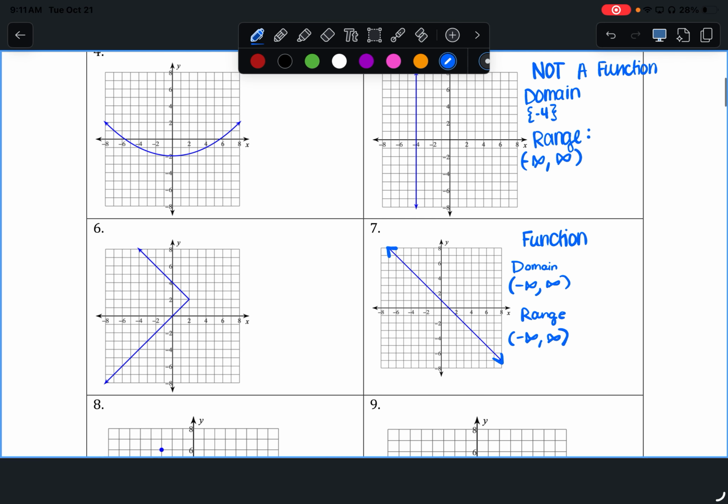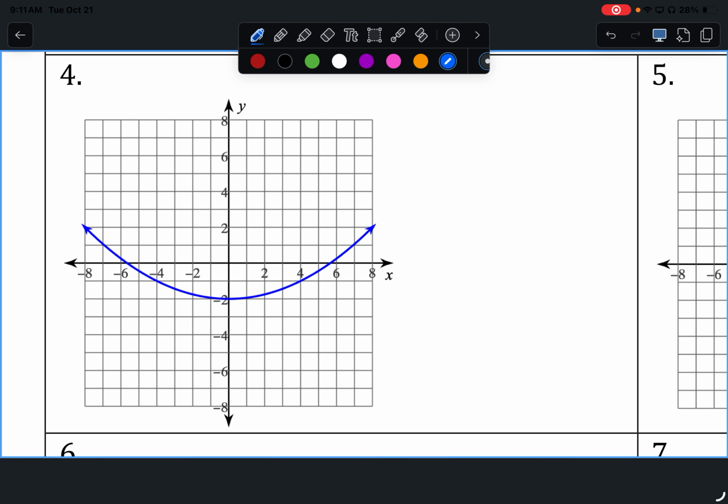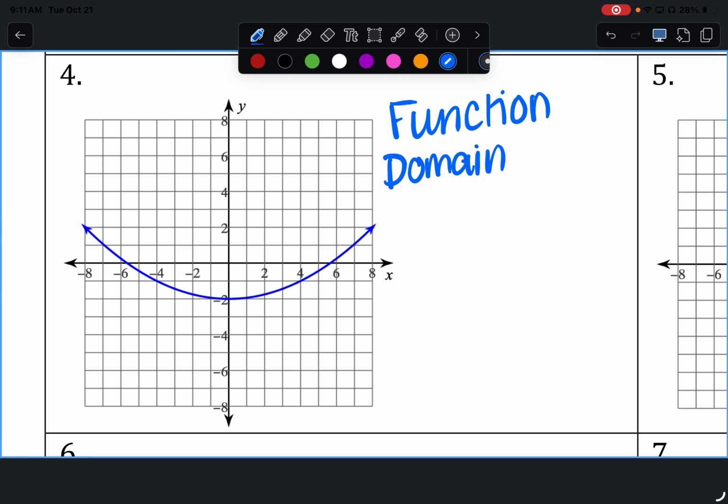The one of these that would be a little different is number 4. Okay, is number 4 a function? It is a function. Okay, how this one is a little different. If I look at domain, does this graph ever stop going left? So that would be negative infinity. Does it ever stop going right? So positive infinity. But range, does this graph ever stop going down?